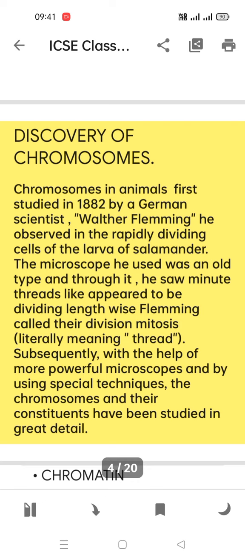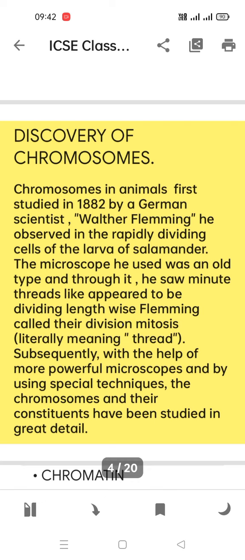It is not a reptile, it is an organism, a salamander. He noticed that the cells of the salamander larva are rapidly dividing, very fast.